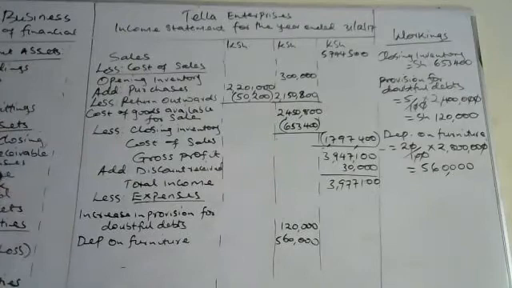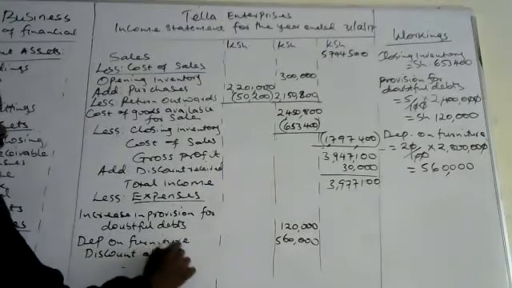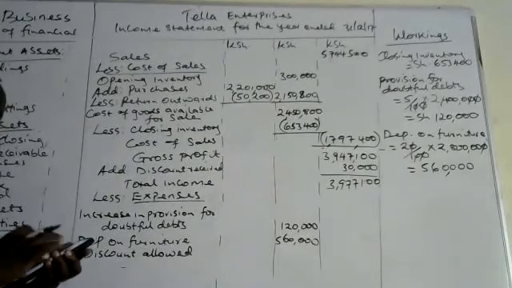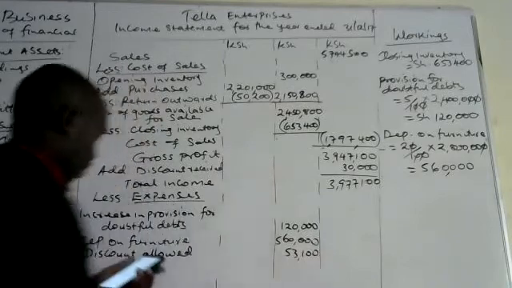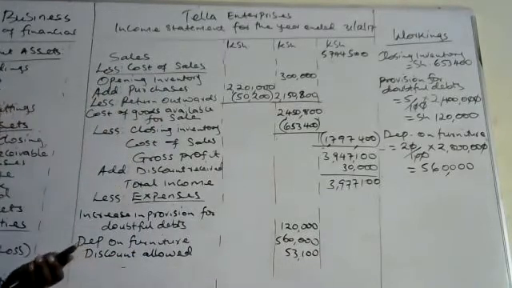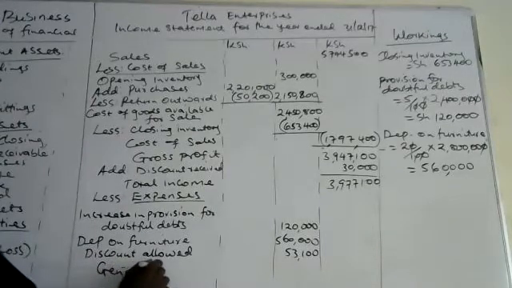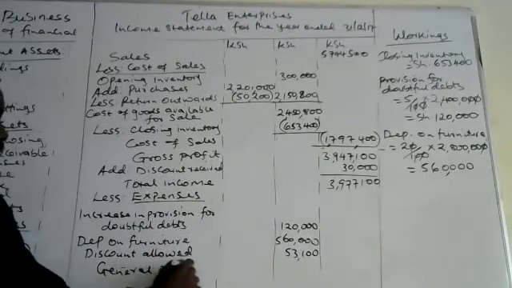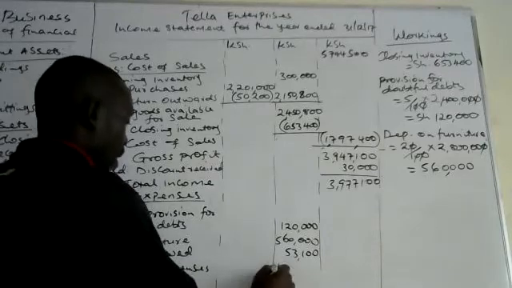Then we go to our trial balance and locate more expenses if we have any. We have the discount allowed. That is an expense of 53,100. General expenses.